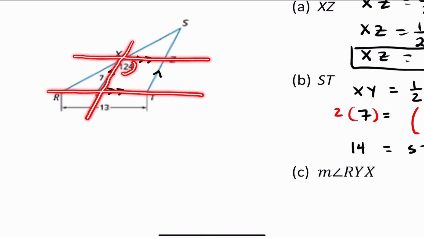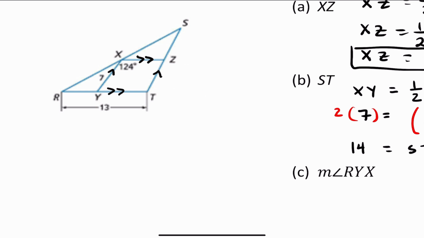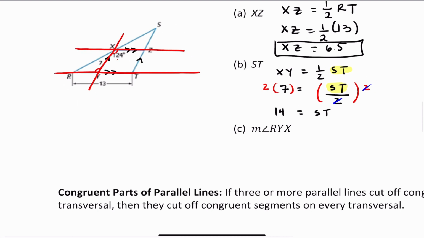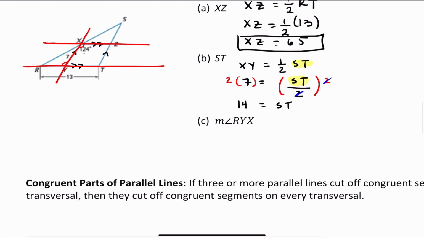That means that if this here is 124, I'm going to use my little color here. We know that this is 124. This angle here is congruent to this angle due to the fact that they are alternate interior angles.